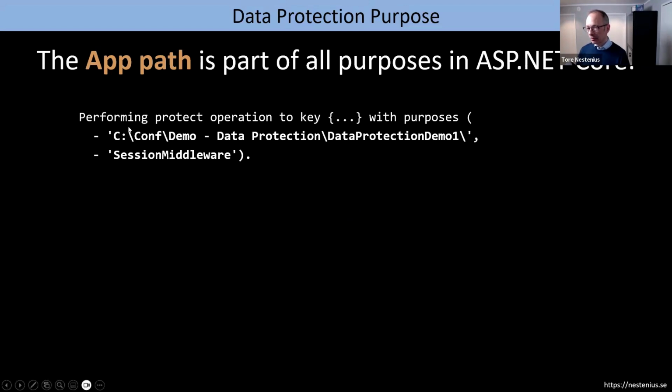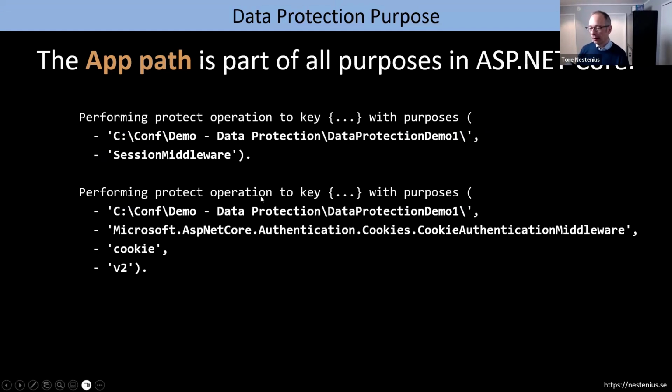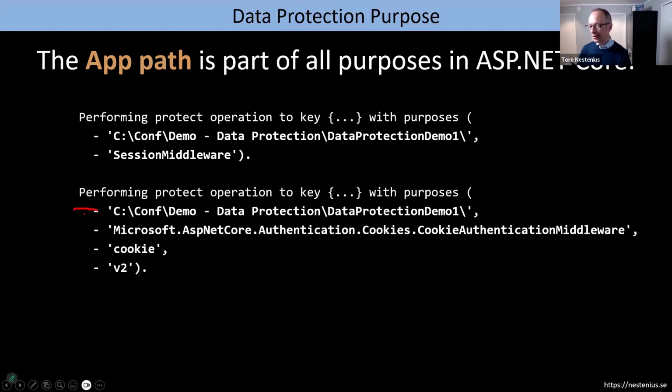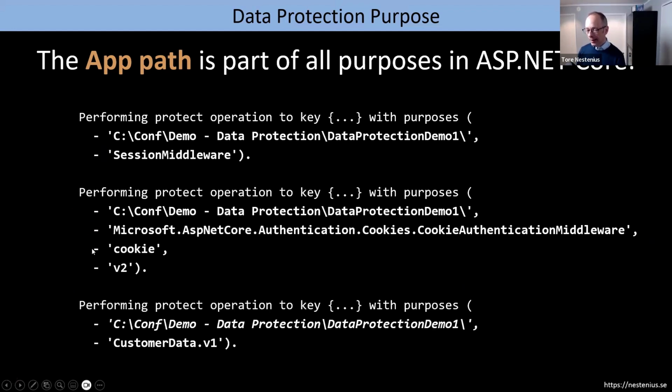For example, if you use a session middleware, the name of the middleware is used, and the path. If you use the cookie handler, it's actually 4 different purposes. There's a path to the application, the name of the handler, the name of the scheme, and the version of the handler. And in my example, when I use the protect demo, it also uses the path and my customer data v1.